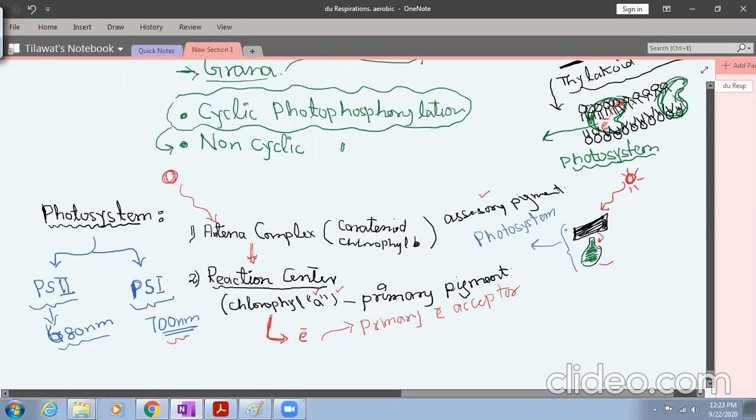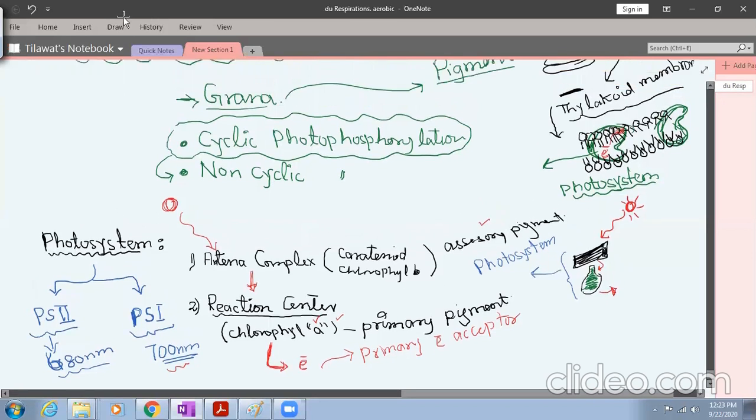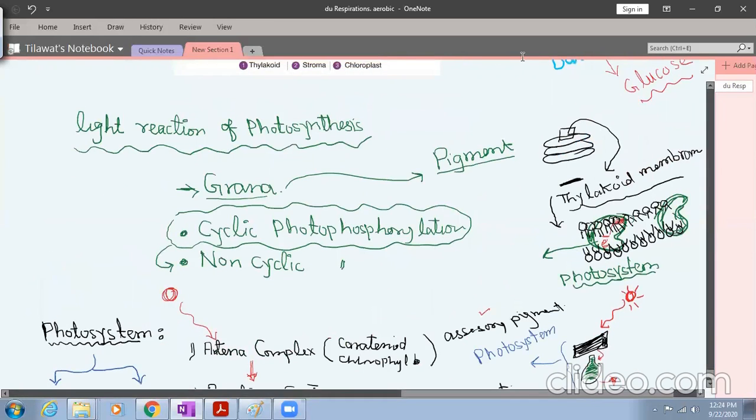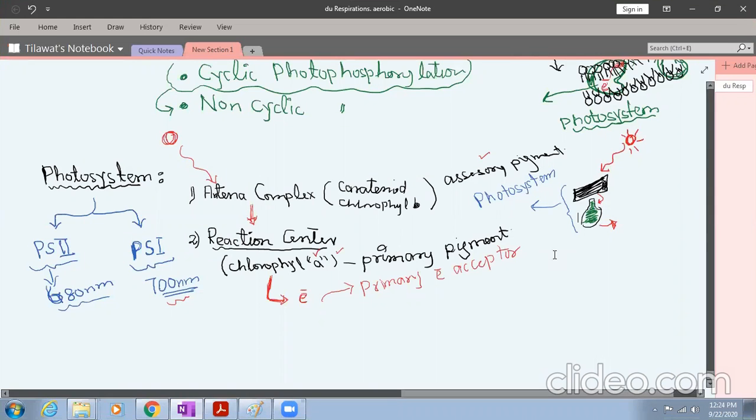When it absorbs that, an electron from it will get excited. Is it clear up to here?